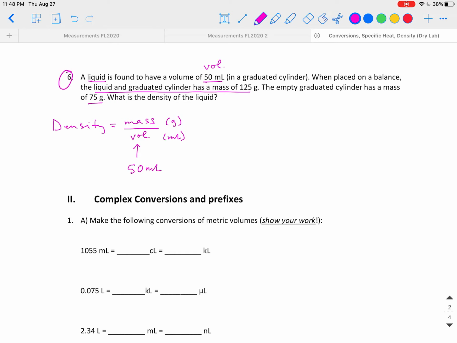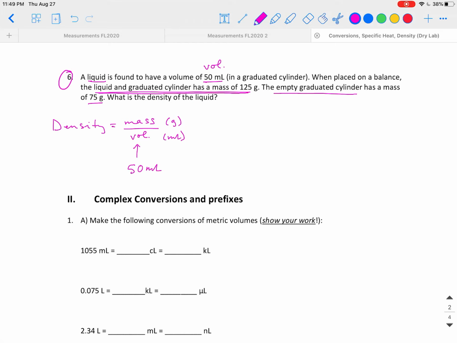And then we also need the mass of just the liquid. Now, we read that the liquid in the graduated cylinder has a mass of 125 grams. And just the empty graduated cylinder had a mass of 75 grams. So the difference there is the mass of the liquid, okay?